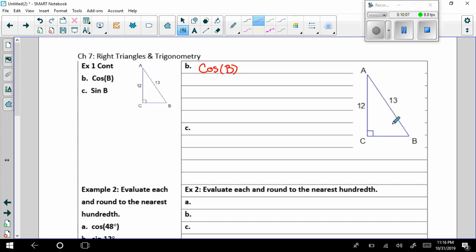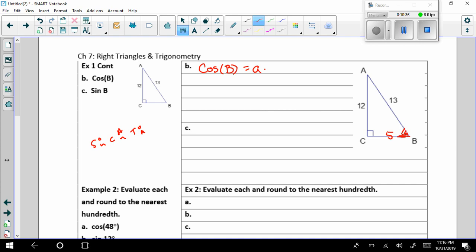All right, so looking at cosine of B, same triangle here, so this is a 5. But this is your angle of interest. So cosine, if you look at your SOHCAHTOA, then the adjacent is the 5.